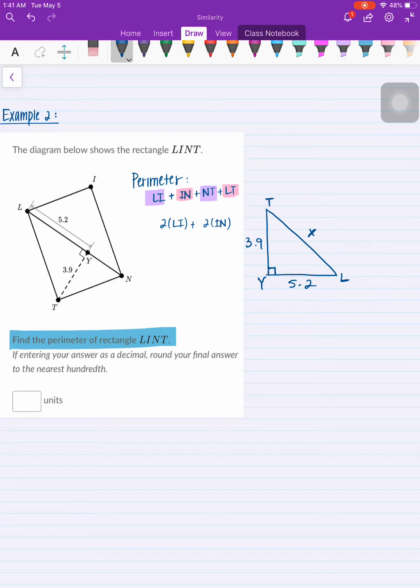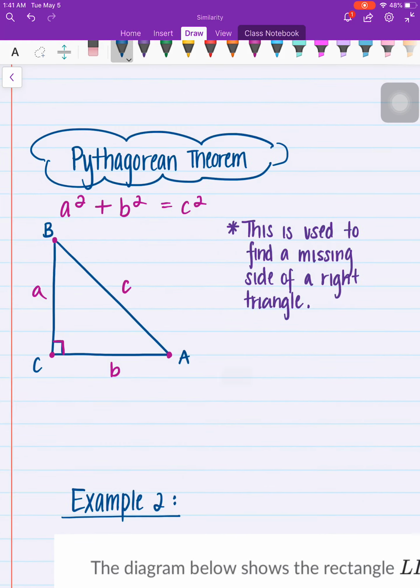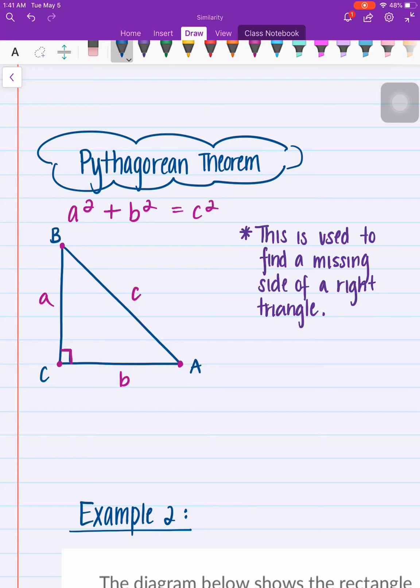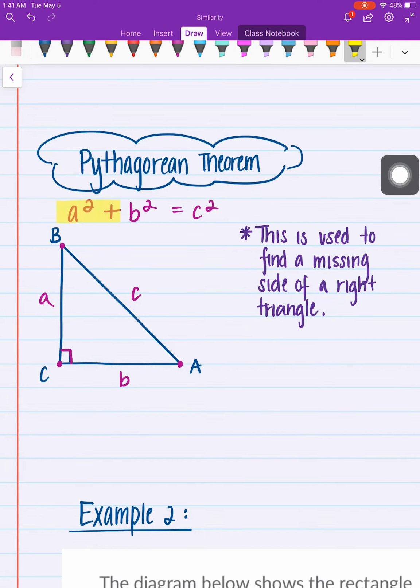Now, whenever you're trying to find a side of a right triangle, we will be using the Pythagorean theorem. It hasn't yet been introduced; it's something we'll be doing after this chapter, but this is just a glimpse. You have a right triangle, which has a 90 degree angle, and in order to find a missing side, we need 2 of the sides, and we use this formula: a squared plus b squared equals c squared.